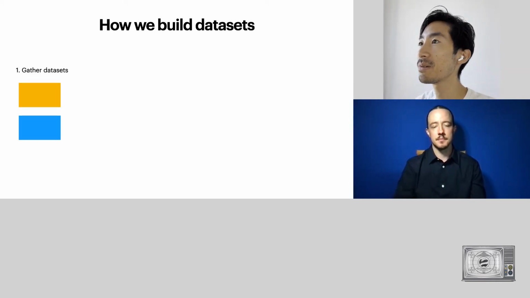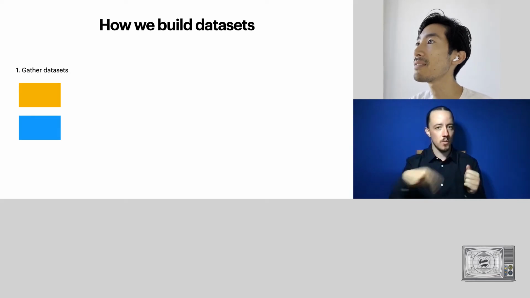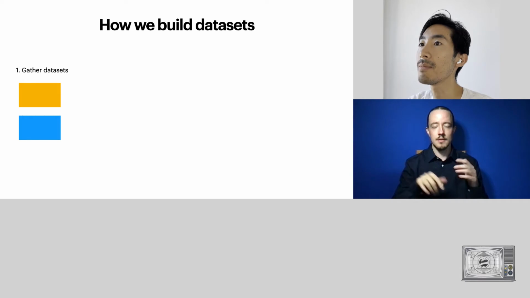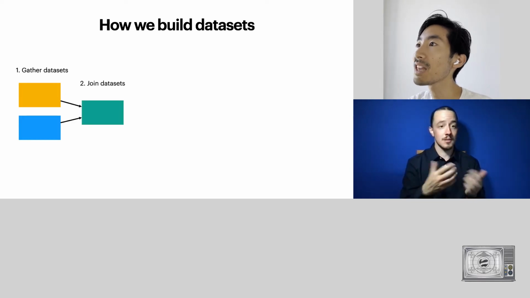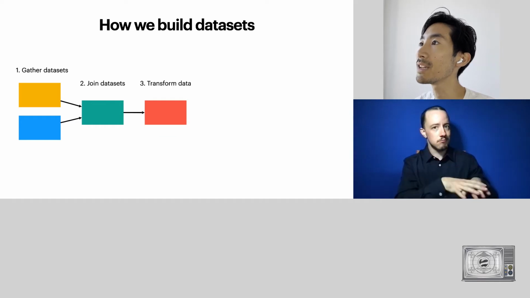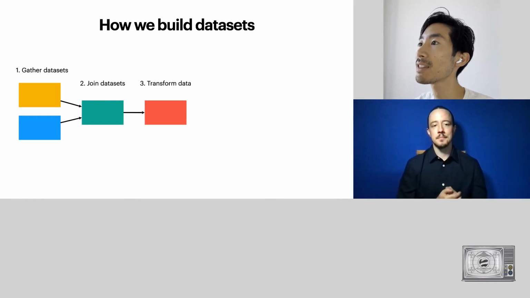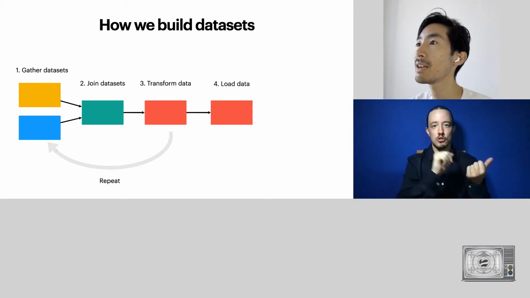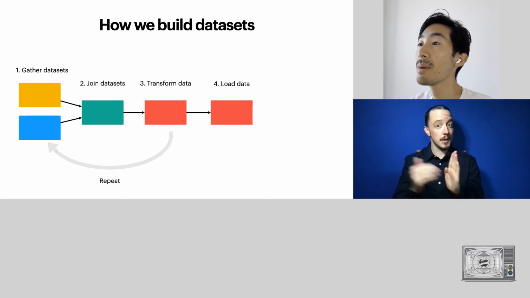So I'm going to start with a scenario that many of us are familiar with, which is how we build out a typical ETL pipeline. So it involves gathering data, possibly from multiple data sets. So we may need to join our data sets together. We'll usually conduct some sort of transformation of that information. And we might repeat that process.